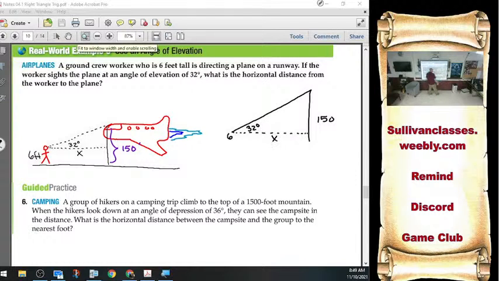And I want to know this. Why would that 150 and that 6-foot guy matter? You gotta subtract. Right? Because his eyesight is parallel to the ground at roughly 6 feet. So I'm not going to call this 150. I'm going to call this 144 in my triangle.